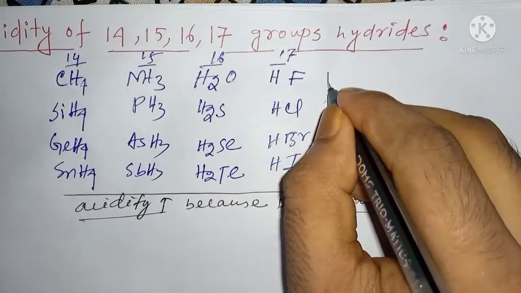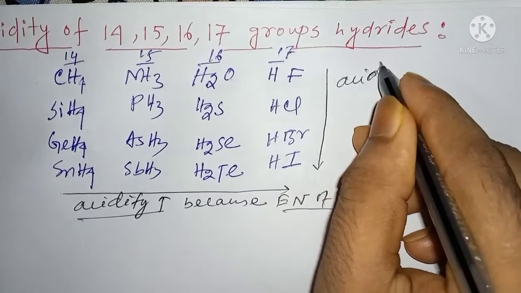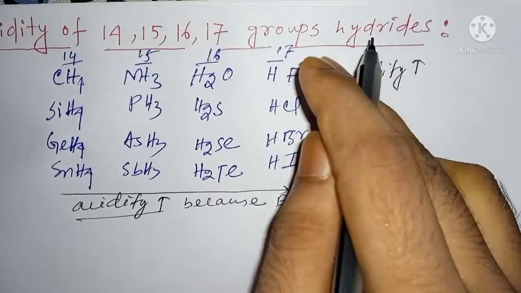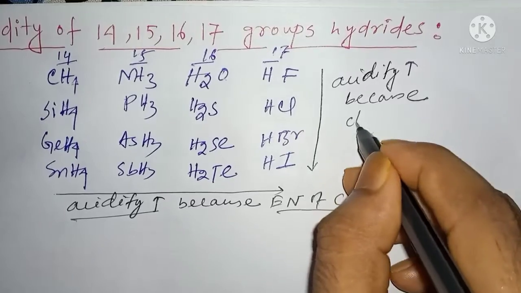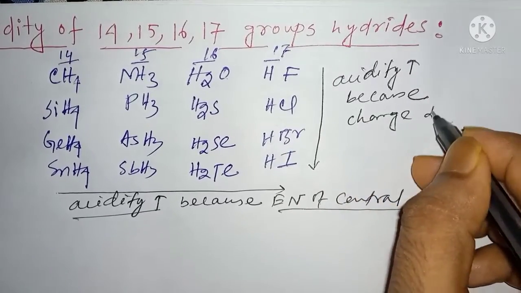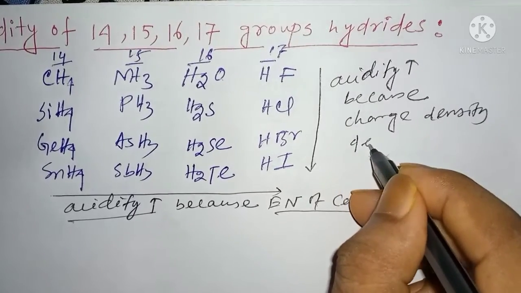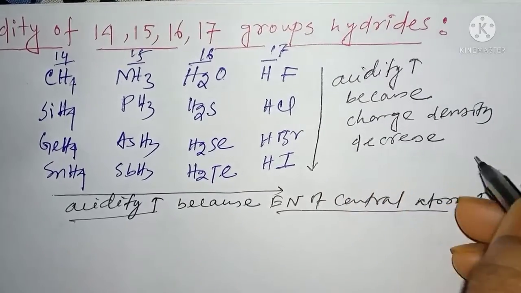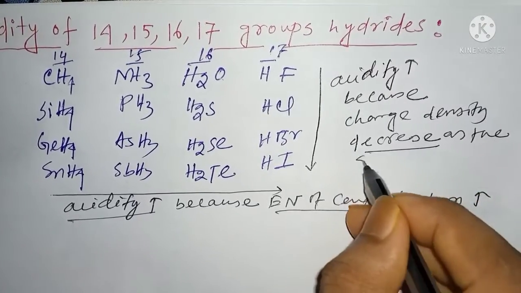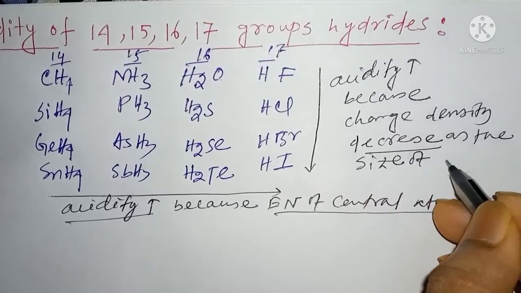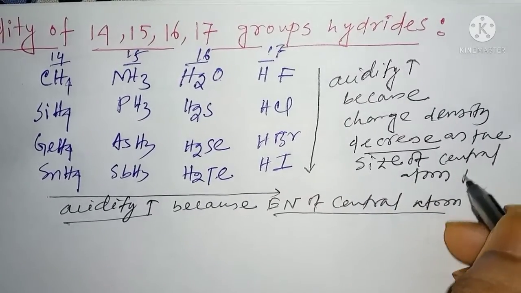Now up to down, acidity increases because charge density decreases as the size of the central atom increases.